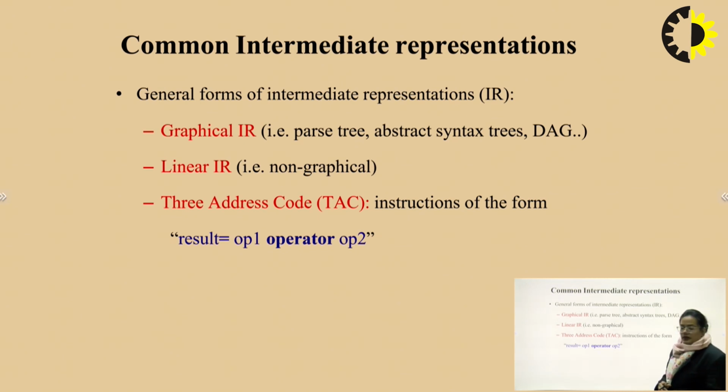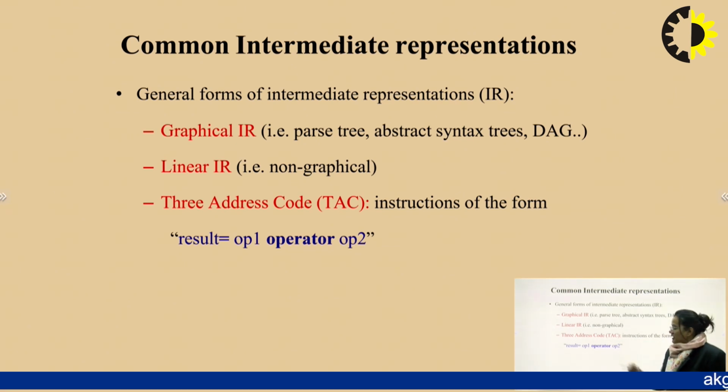And non-graphical representations come into linear intermediate code representation. Last is three address code, whose instruction is of the form: result equals operand 1, operator, operand 2.